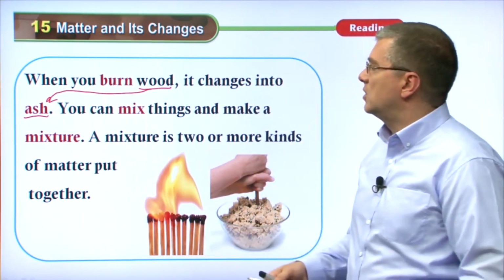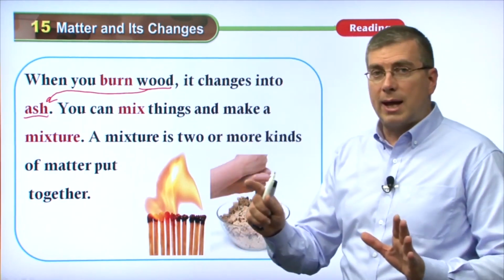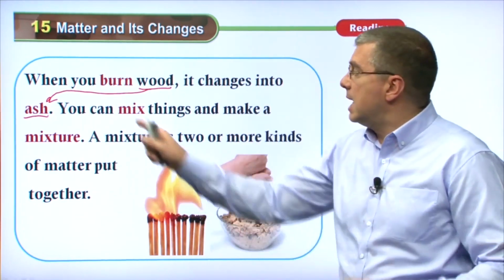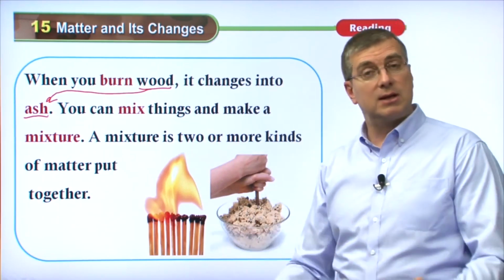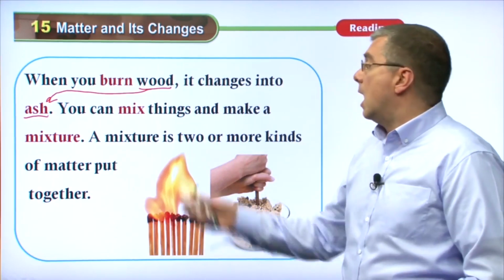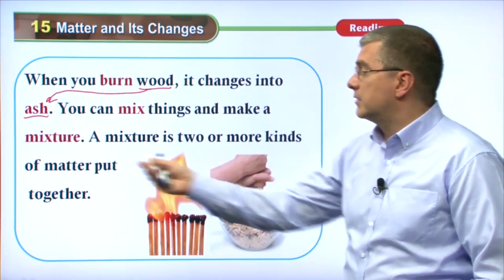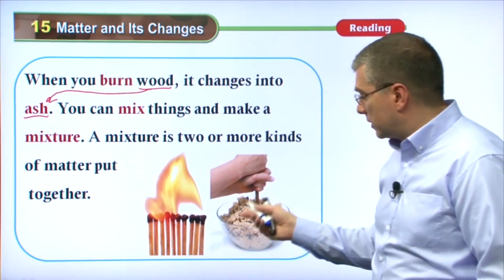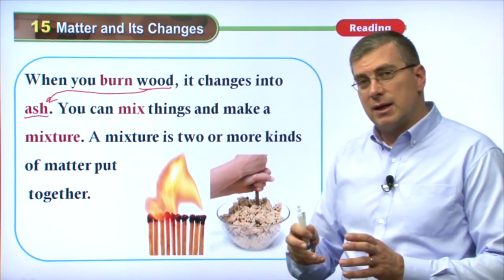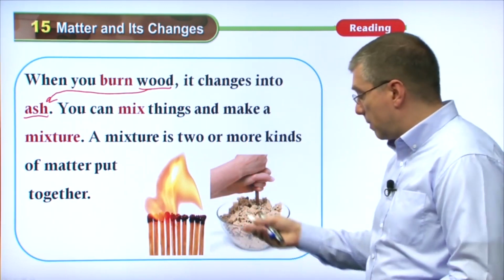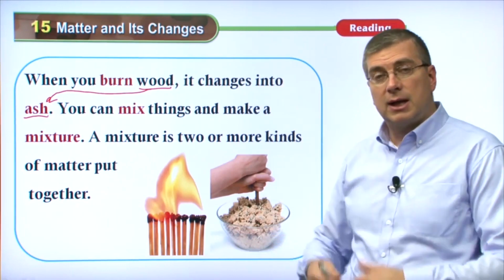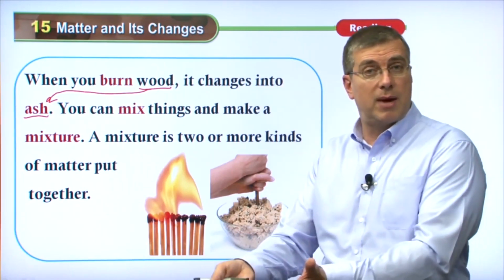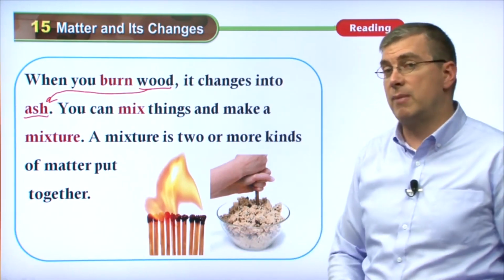Another way, second way, you can mix things, and then you have a mixture, and that's a different type of matter, right? A mixture is two or more kinds of matter put together. So especially when you mix things that cannot be separated, you come up with a new type of matter. You mix many different ingredients and you make a cake, a new type of matter, or a cookie.